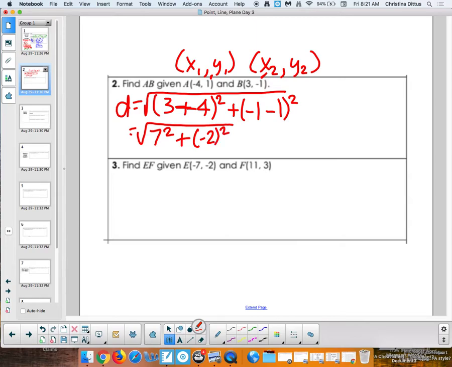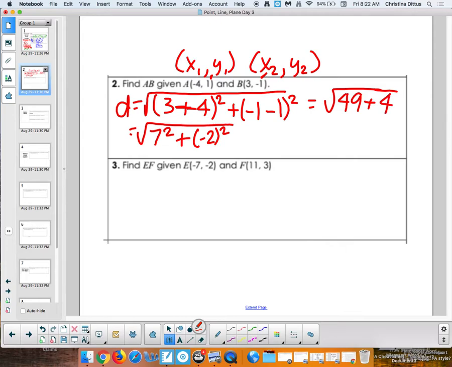I keep the negatives in parentheses just so that I know to square a negative. Okay. What is 7 squared? 49. Okay, this might be a trick question, but what is -2 squared? Positive 4. Think about it. Negative 2 times negative 2 is a positive 4, okay?